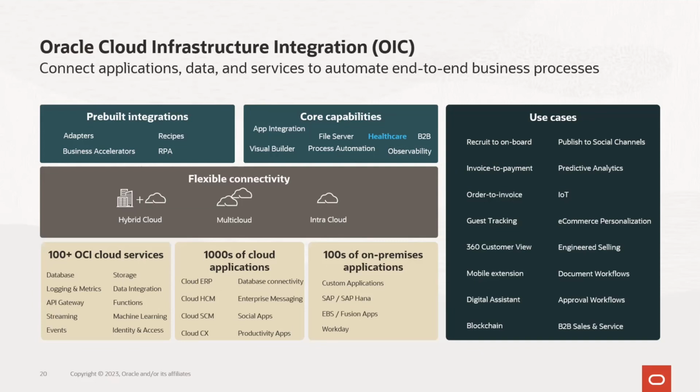And the whole idea with the B2B is that it acts as a pre-processor for your integrations. So if I'm getting orders in, for example, from Walmart, I can immediately check, okay, is Walmart a valid trading partner for me? Are they sending me the right documents? Are they sending them in the right format, et cetera? And once this pre-processing has been completed successfully, then the order is actually processed.